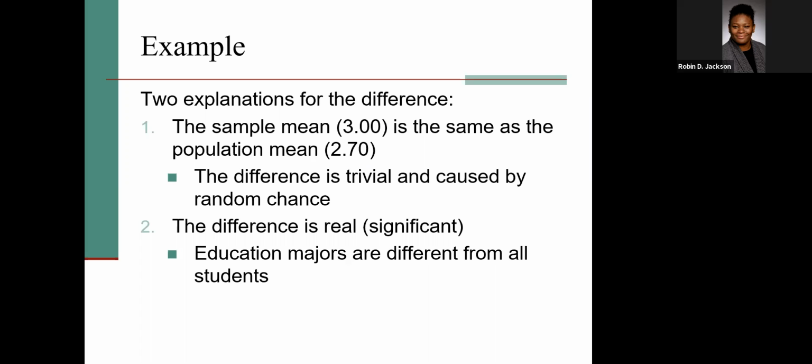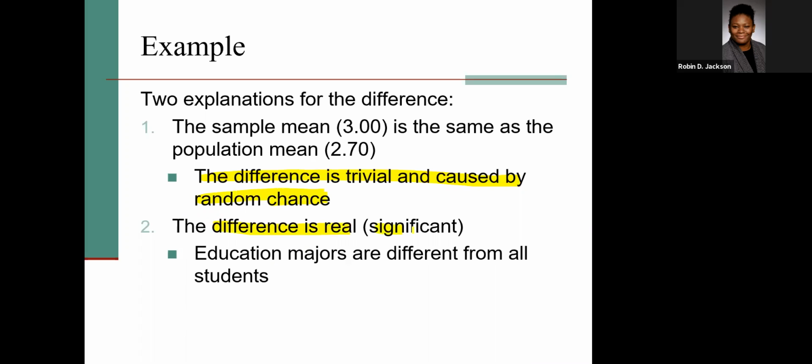One of the things to keep in mind is we have these two explanations, but only one of them is valid. Only one of them is the actual case. And again, this is where hypothesis testing comes into play. We want to find out, is this difference trivial and caused by random chance, or is the difference real?